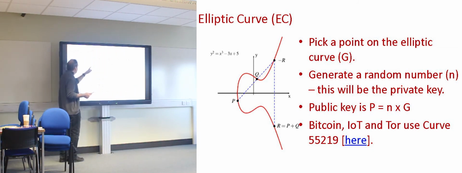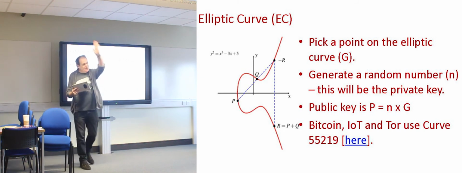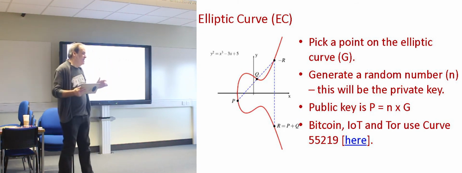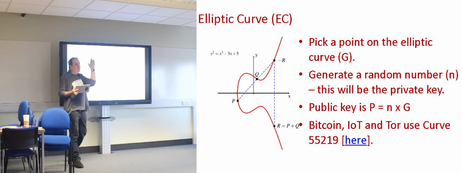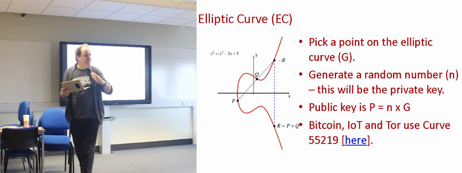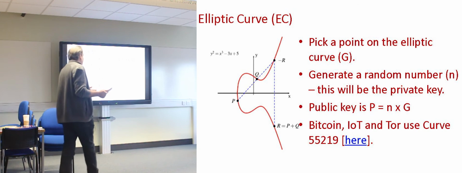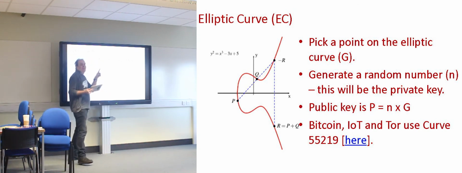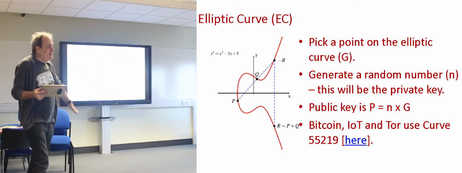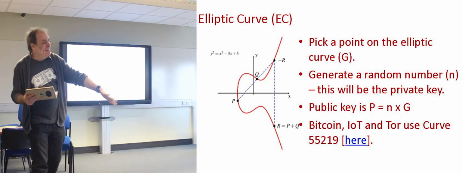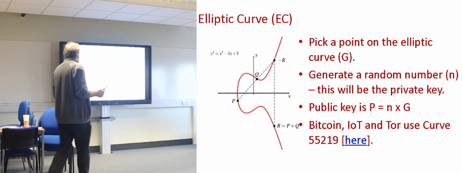And the way that elliptic curve works when you actually plot it is that if I take a point on the elliptic curve and I draw a straight line through it, I will always cut the curve at 2 points, here and here. And no matter where I draw my line, I'm always going to find another point somewhere else. It's a wonderful curve that I just pick a point, draw a straight line, and then everything works there.